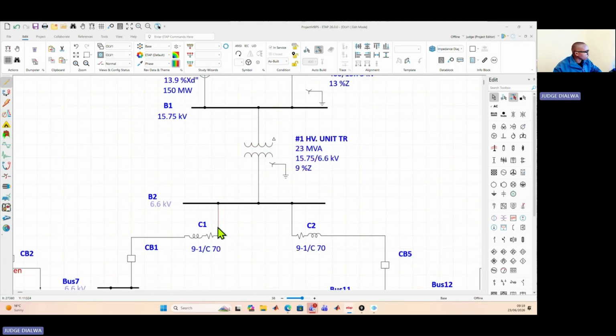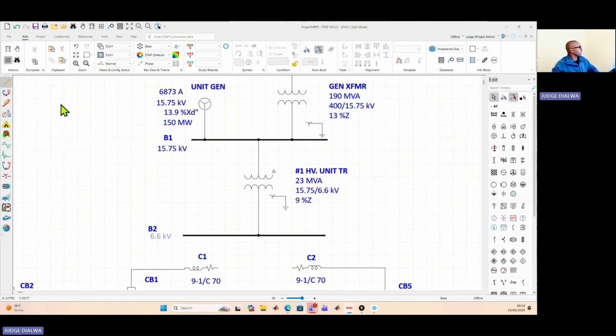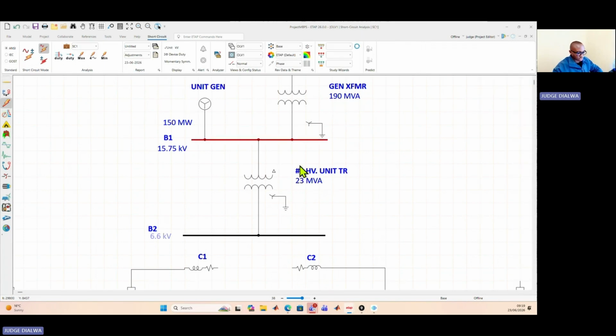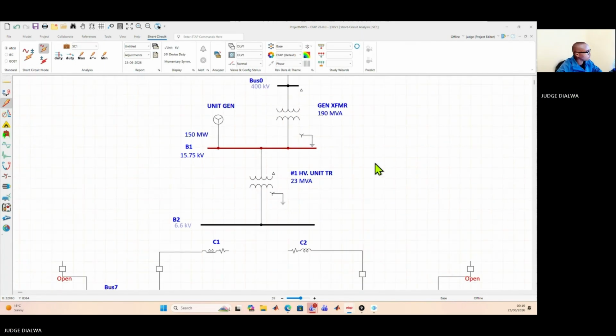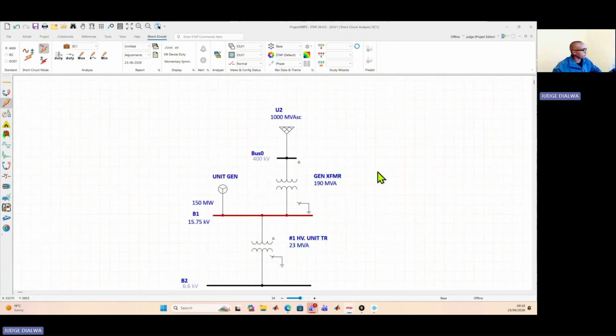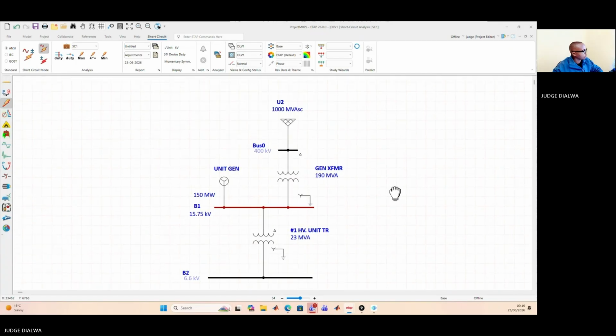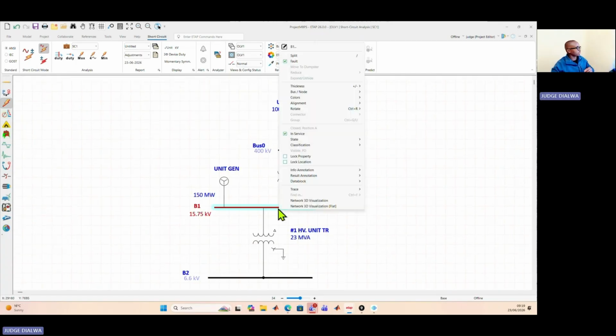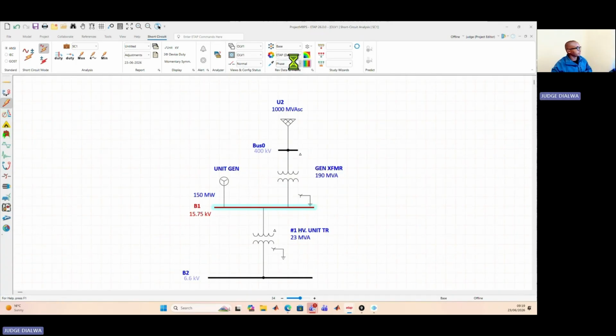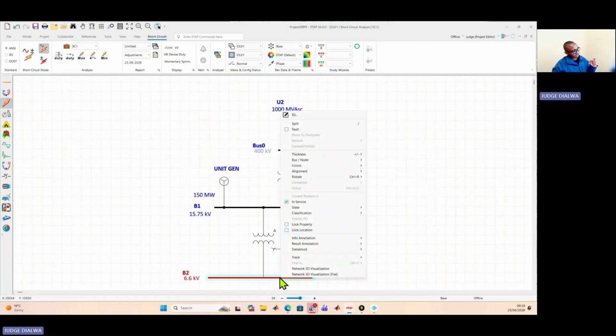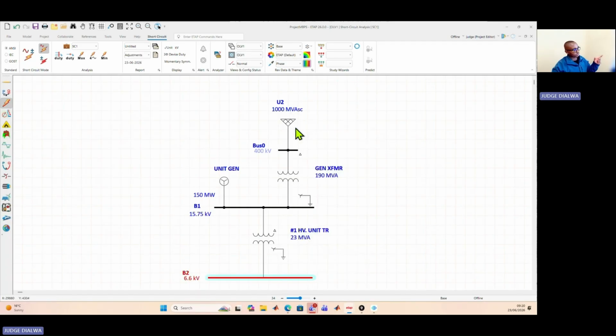So I'll remove these cables and everything downstream. Then I'll go back to my short circuit study mode. Now we have this in our analysis. Now I'll remove this fault, and even if I had left bus B1 faulted, it would not affect my results when I fault bus B2.